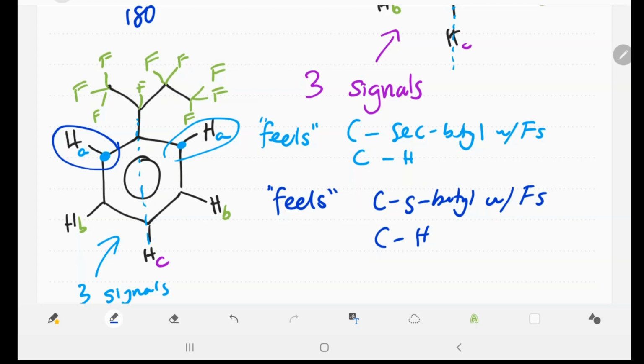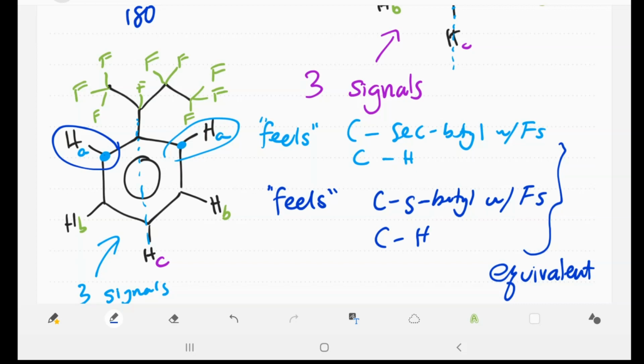So in fact, these 2 are feeling the same thing as each other in terms of electronics. So their environments are the same. And so as a result, these are equivalent to each other. And the same thing for B and C, right? So we'll see what that looks like.